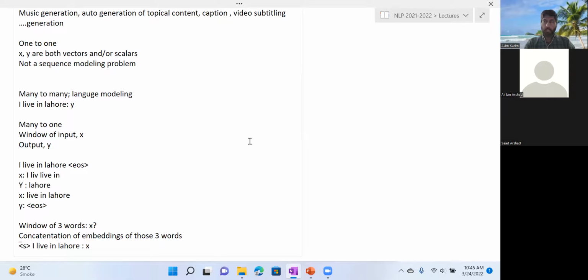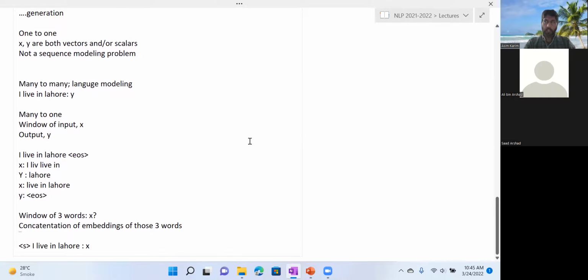So let's say we have embeddings of size 300, then X would be: first 300 would be word I, next 300 would be word live, and then next 300 would be word in. So this would be the vector for X.